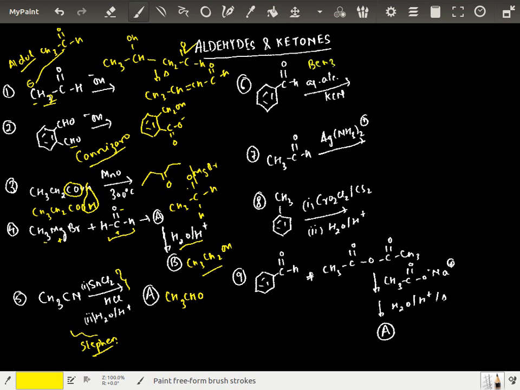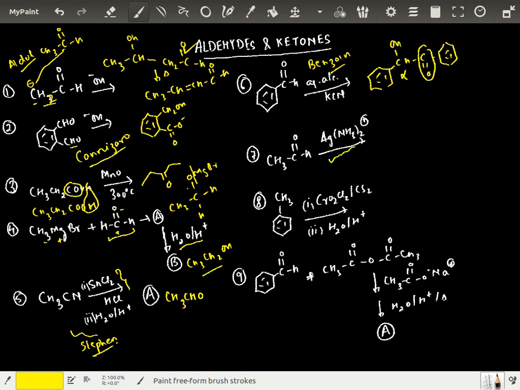Next is an important reaction. This is benzoin condensation, in which two molecules add and form a compound which is called benzoin. Benzoin is different from aldol, that is, aldol was beta hydroxy, this is alpha hydroxy. If this is a functional group, this becomes the alpha carbon.